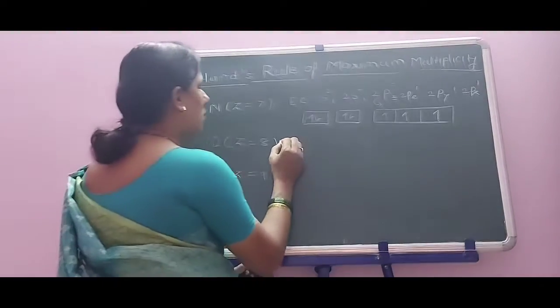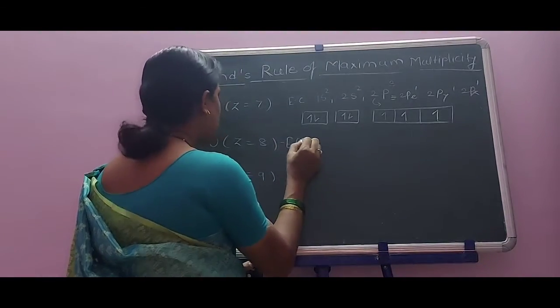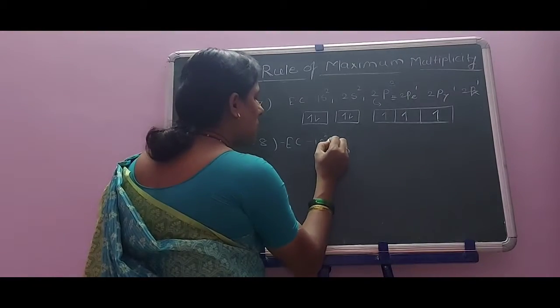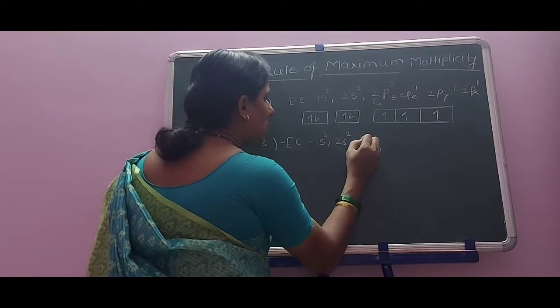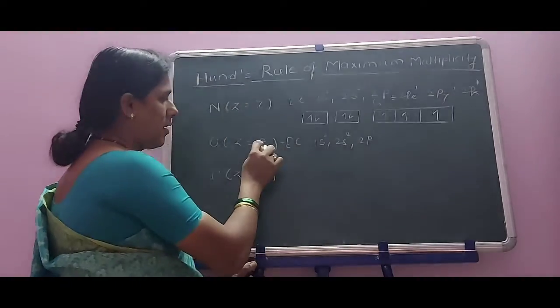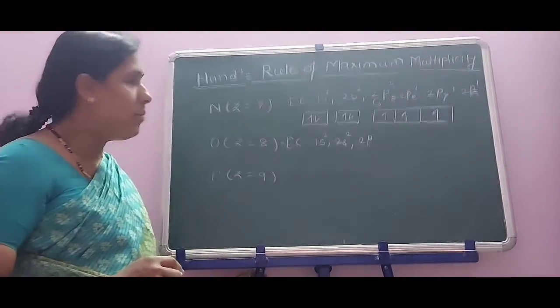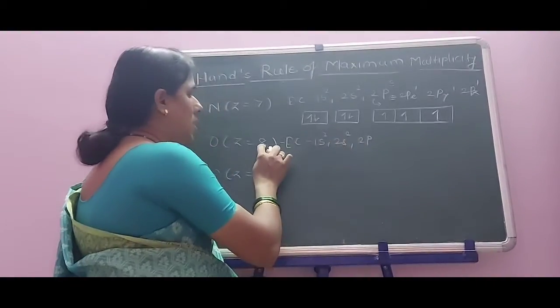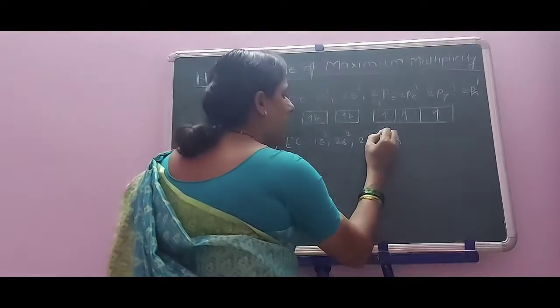See here, what is the electronic configuration of the element with number 8? 1s2, 2s2. Now, how many electrons can be accommodated in the p orbital? The remaining are 2 plus 2, 4. That is 2p4.